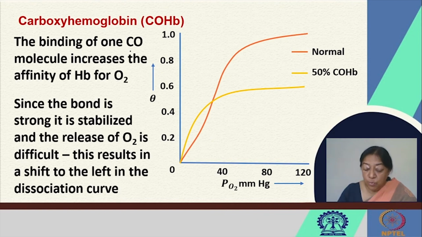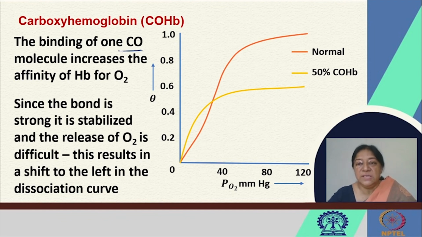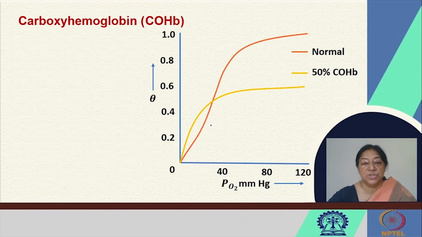The binding of one of these CO molecules, interestingly, increases the affinity of hemoglobin for oxygen. But because the bond is stabilized due to the presence of the carbon monoxide, it is not released. So this amounts to a shift to the left of the dissociation curve.